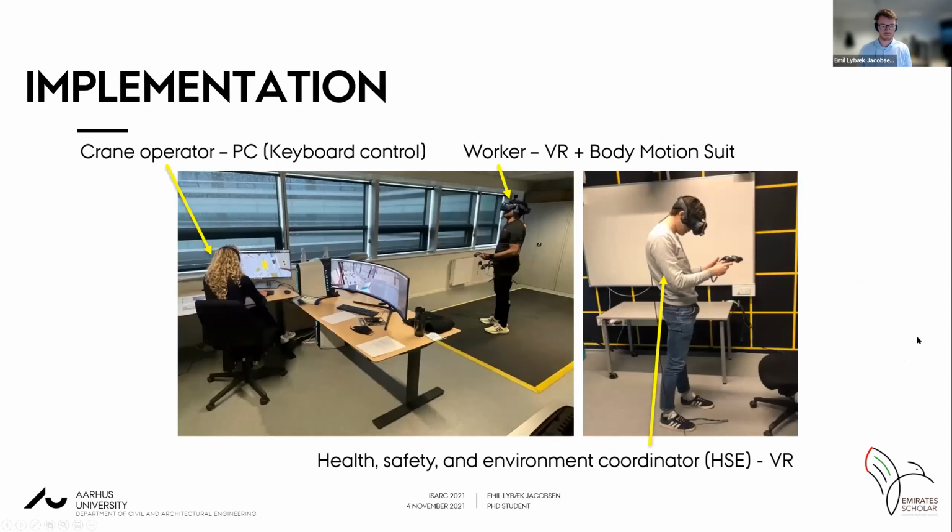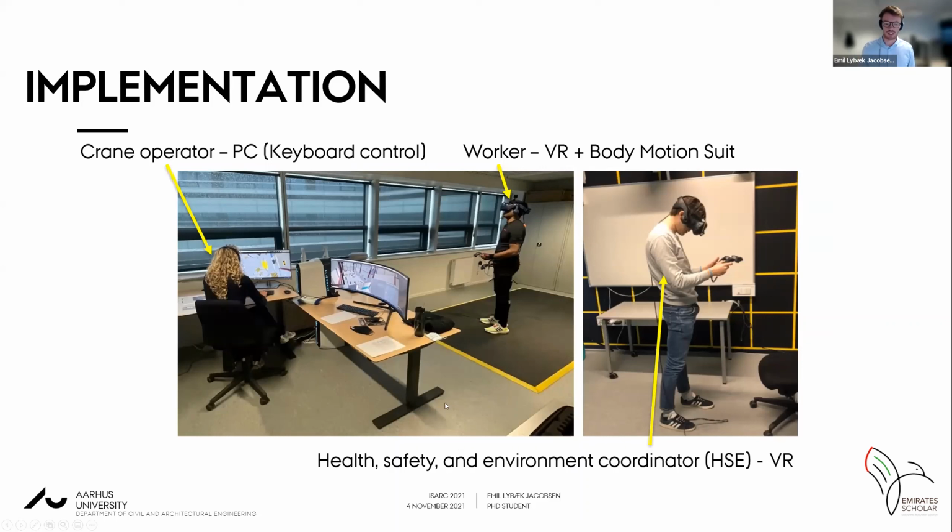as both of these are seen as very important factors when we look at immersion in VR. For the implementation, we have 3 players. We have the crane operator here on the left, and the crane operator uses a keyboard to control a crane, which is seen in a view on a PC screen. Then we have the worker, and the worker is using both the VR but also a body motion suit, so we can actually track his movements and not only the hand movements, because we have all these IMU sensors on the body.